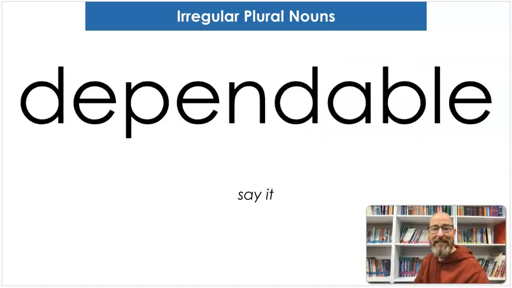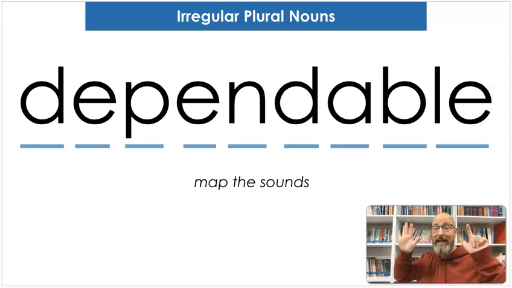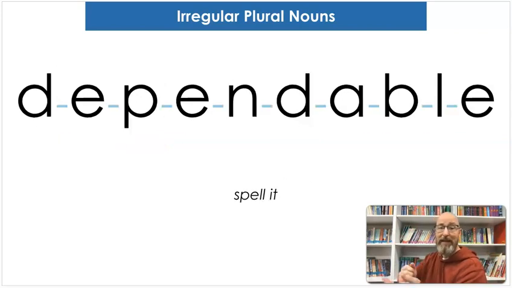Our next word is dependable. Say dependable. Map the sounds. Dependable. Spell it. D-E-P-E-N-D-A-B-L-E.